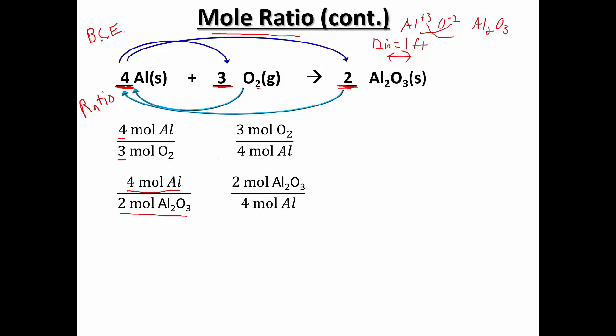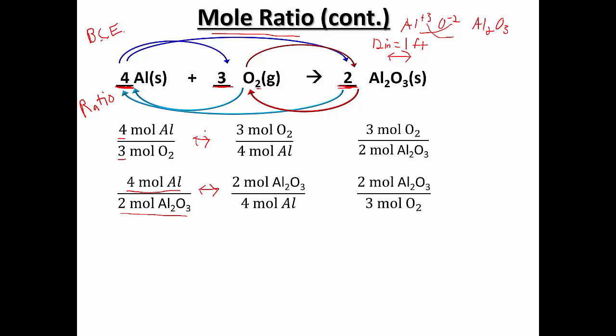We could look at those two as inverses of each other, depending on which way we're actually reacting. And then we still have 2 more to look at. Oxygen to aluminum oxide: 3 moles of oxygen to 2 moles of aluminum oxide, or just the inverse, 2 moles of aluminum oxide to 3 moles of oxygen.